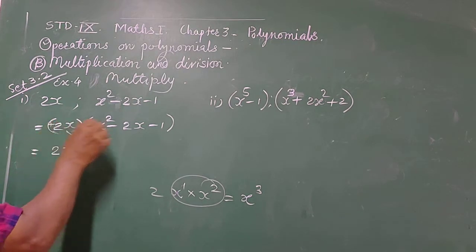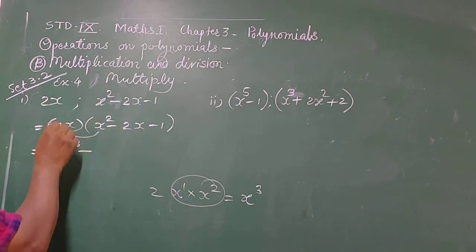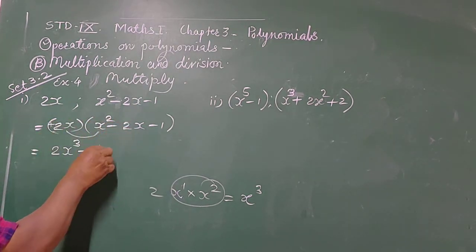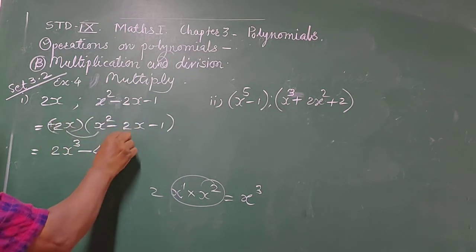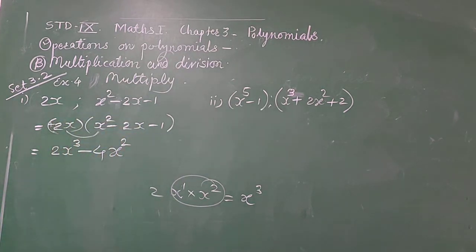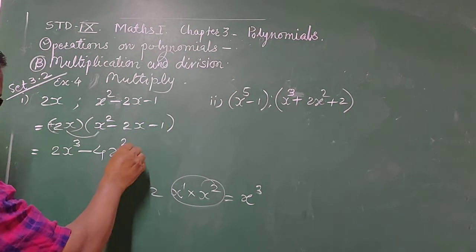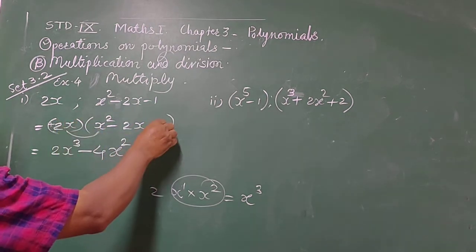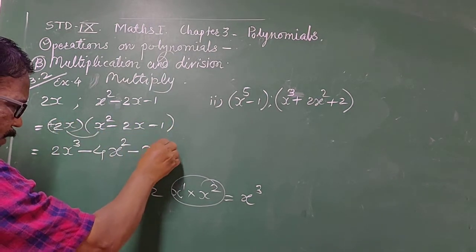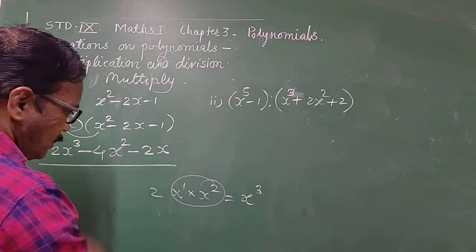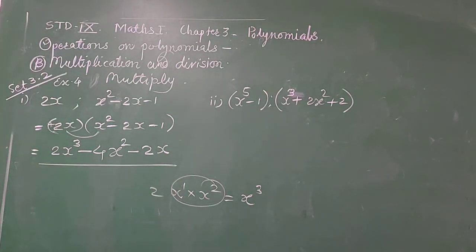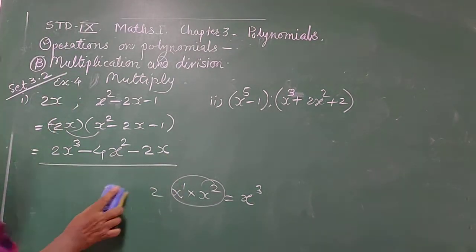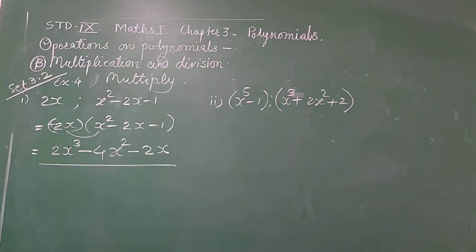Then minus 2 into 2x is minus 4x square, and the last term, minus 2x multiplied by 1, gives minus 2x. So this is the answer. This is the first example.